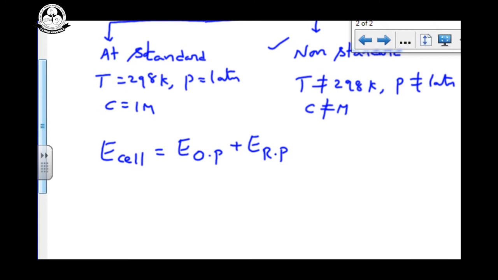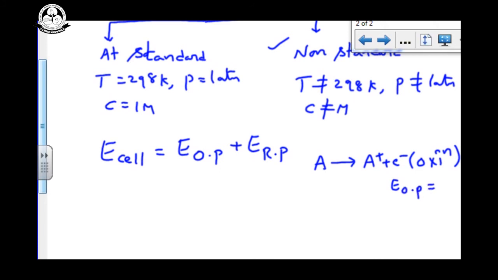Now see here. Suppose A becomes A plus electron. This is oxidation, written like this.